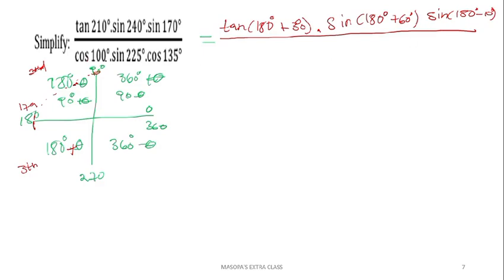Then you have cos 100. So where does your angle 100 lie? We have 90 to 180 in the second quadrant, that will be your 100 there. If we say 180 minus 100, you are getting 80.